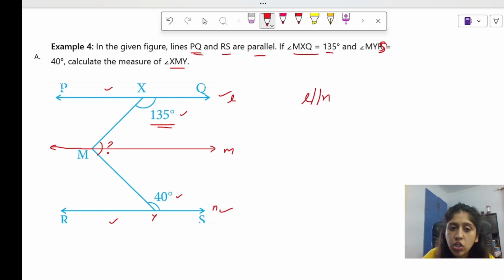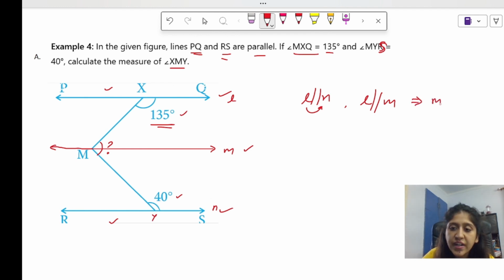Yes, I have been told PQ and RS are parallel. PQ is line L and RS is line N. Yes, so if I have line L and N parallel, and I tell you while doing the construction that my M is also parallel to L, then, ठीक है, तो इससे मैं क्या conclude कर सकती हूँ?